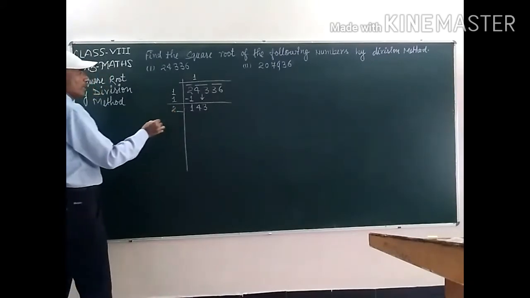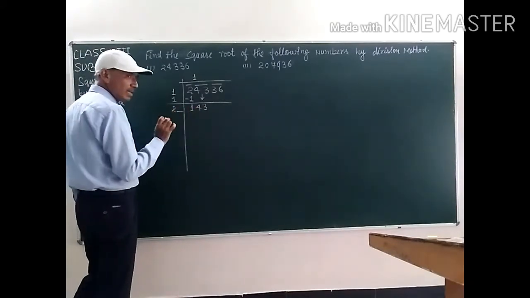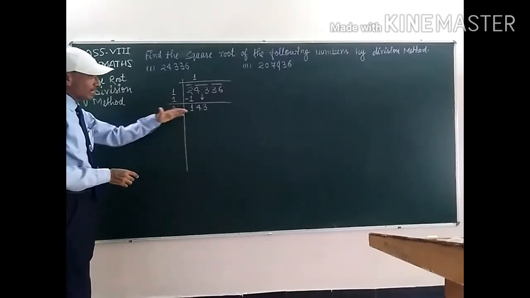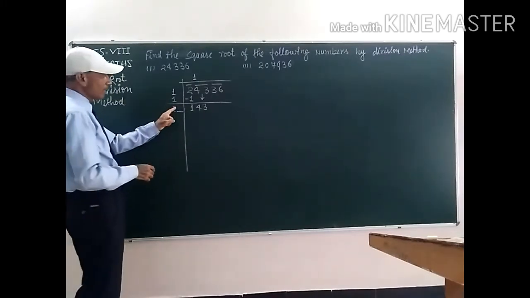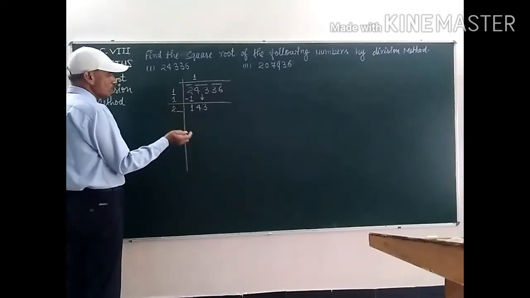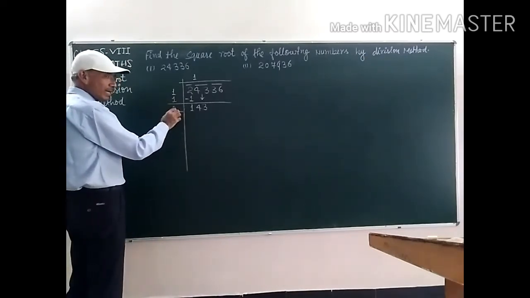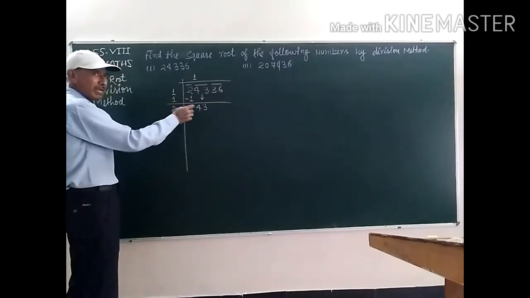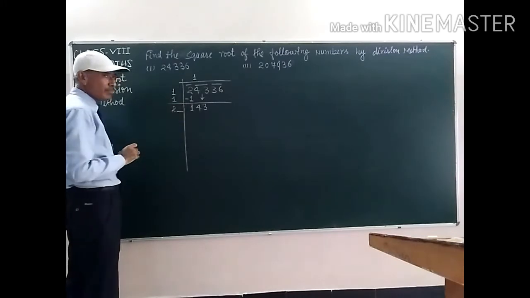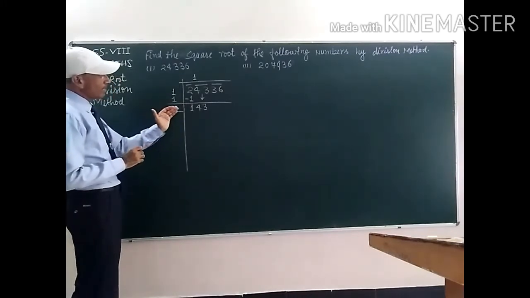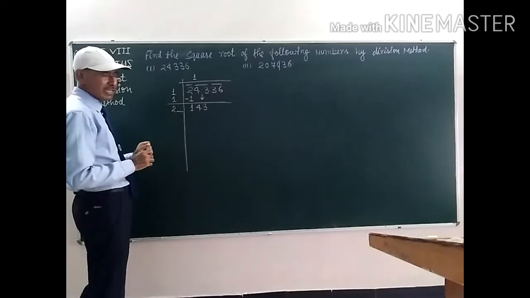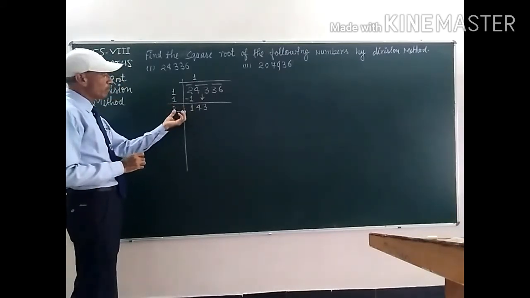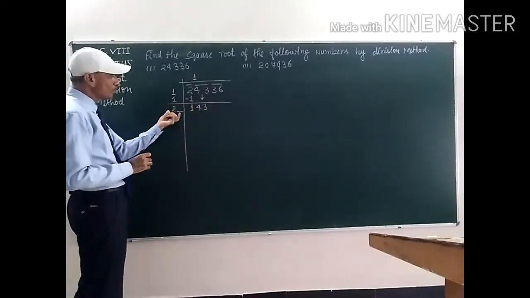Suppose you are taking the number 1 here, then you multiply 21 by 1 time. You are taking 2, then you multiply by 2 times. You are taking 3, so that will be more than 143. If you are taking 7, that number will be more than 143, because you have to multiply this number by 7 times.